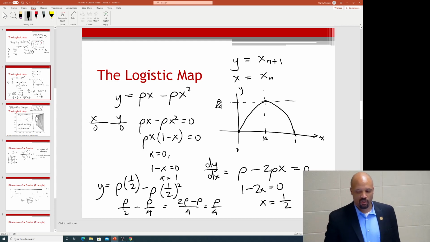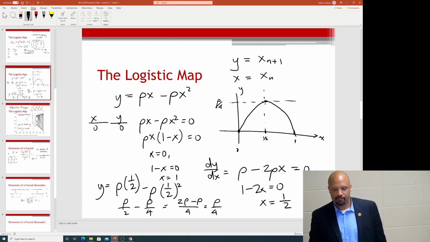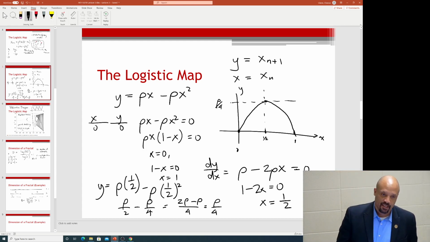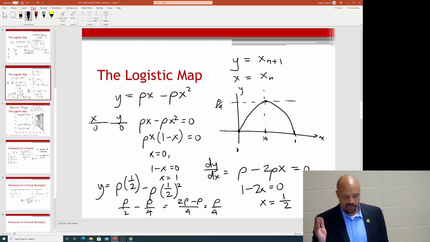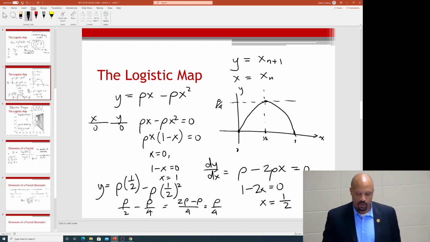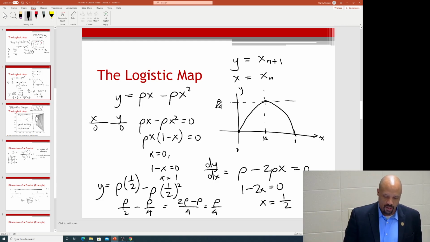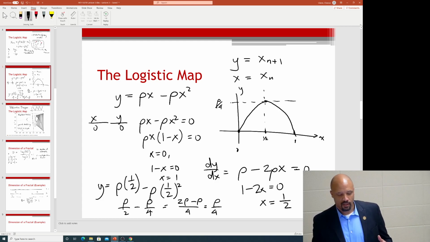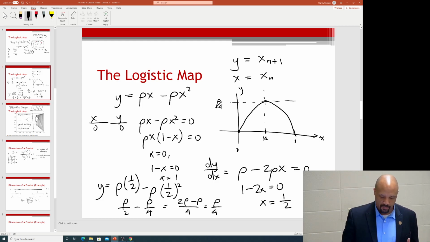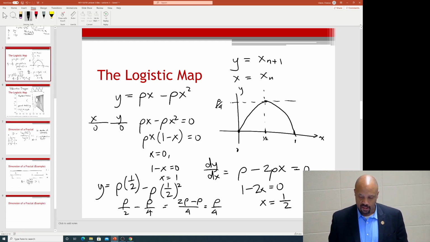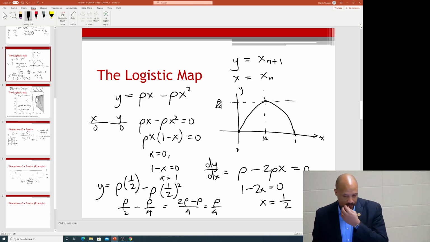I'll also show you, next time, a map that looks like it is linear, but it's not.